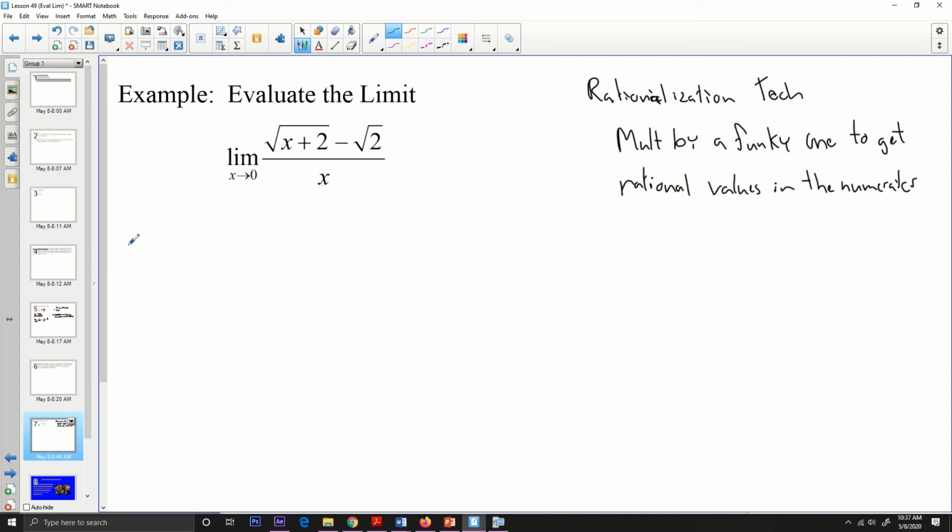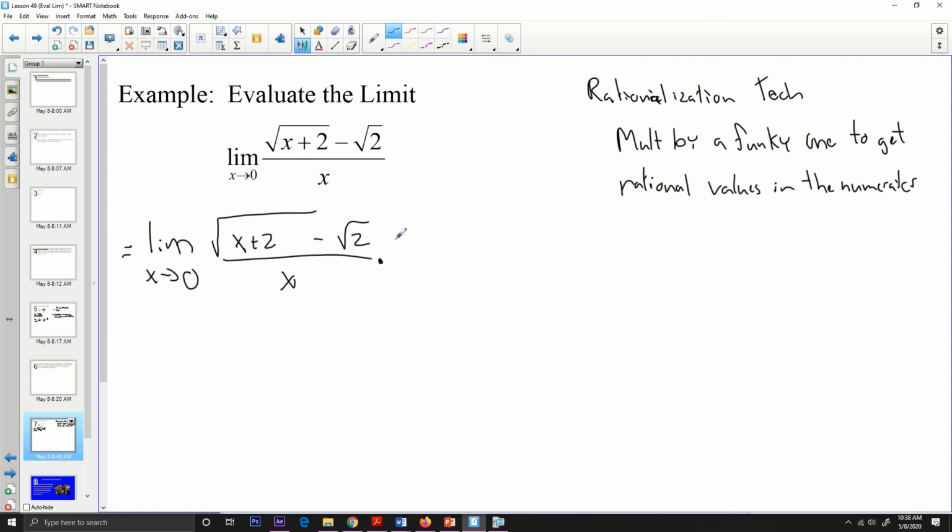All right, so again, we aren't evaluating the limit yet, so we got to leave the limit notation in there, and that's a big error that kids make. They leave that limit notation off, so make sure you keep writing your limit notation until you evaluate the limit, and hopefully I'll remember to bring that up when we get there. So it's the square root of x plus 2 minus square root of 2 over x.